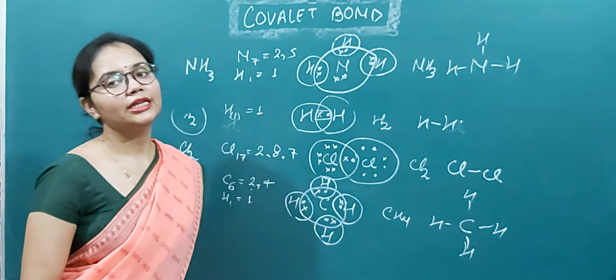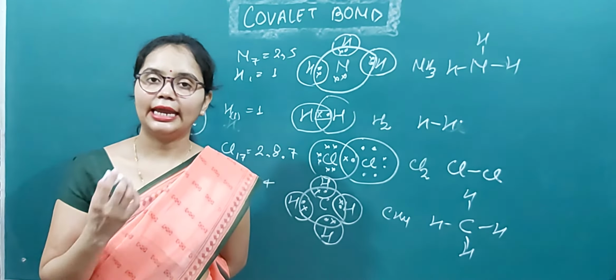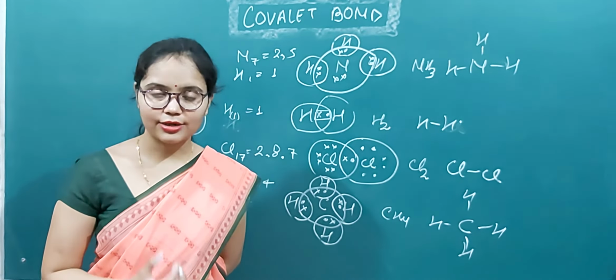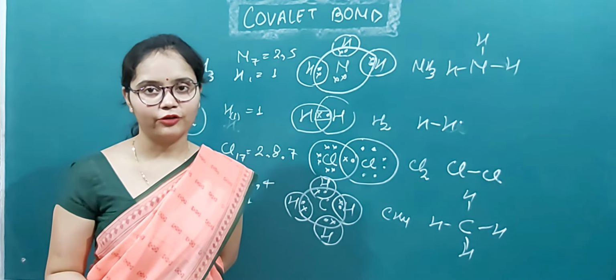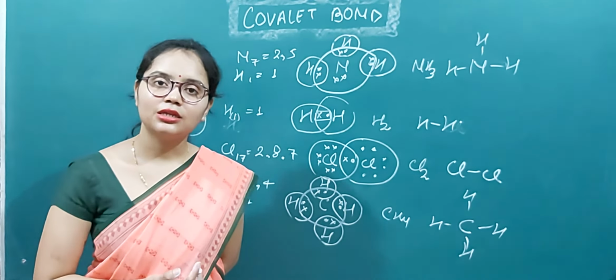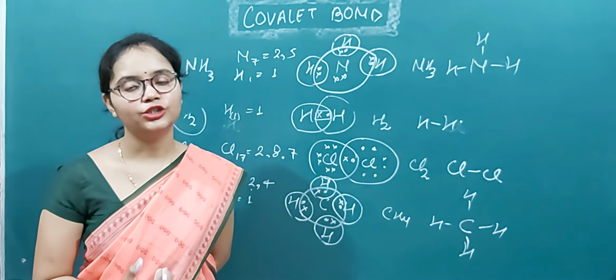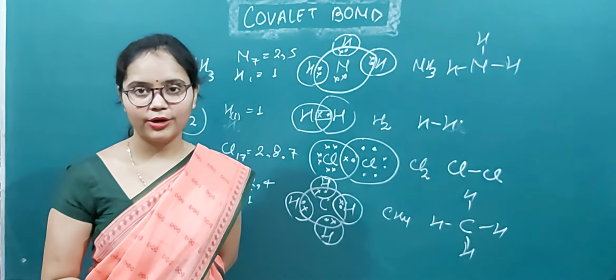But it is not always possible that any atom can complete its octet or its valence shell by sharing only one pair of electrons. So in those cases the constituent particles can share 2 pairs or 3 pairs of electrons.